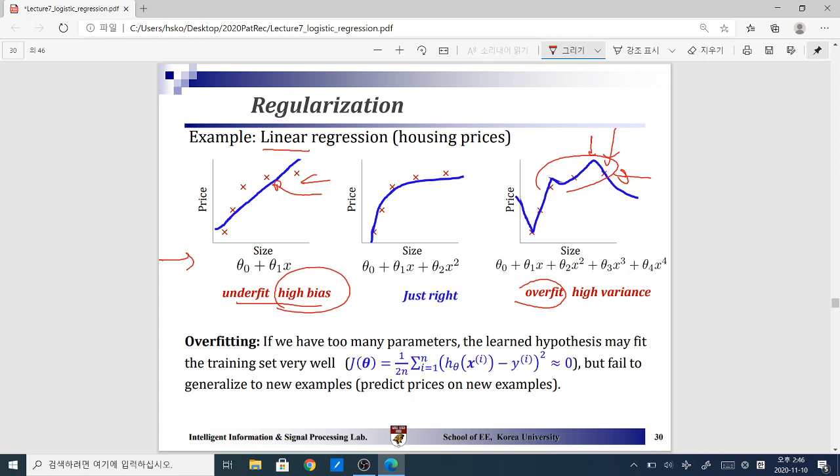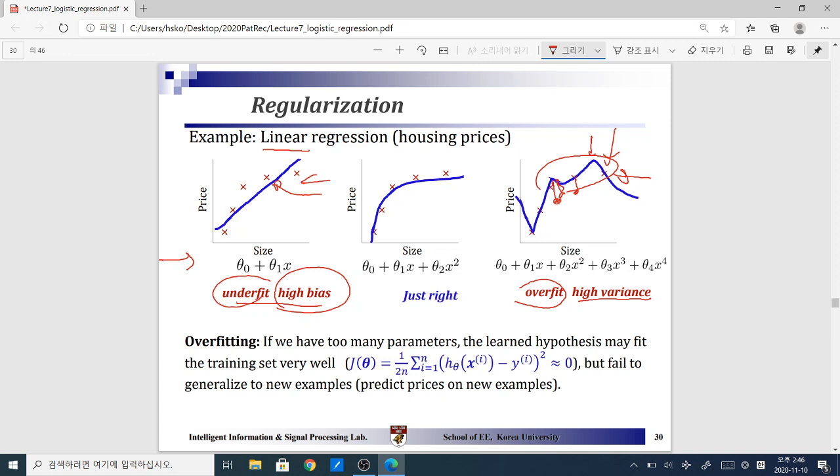But when you do the testing with a new sample, say here, the error between this test sample and the learned line fit is going to be huge. So we say that you have a very high variance, because for each of the new samples used for testing, the difference, or the mean square error, is going to be much greater than that of the underfit case.